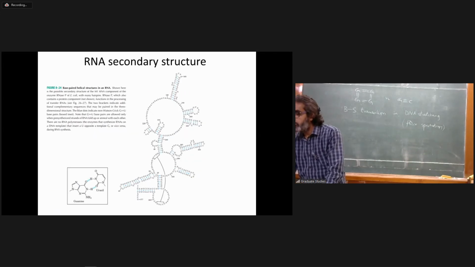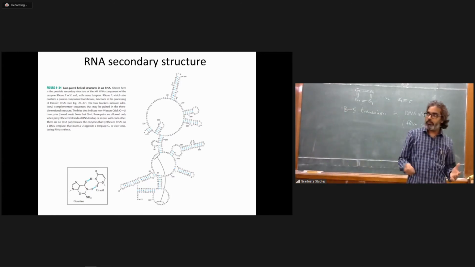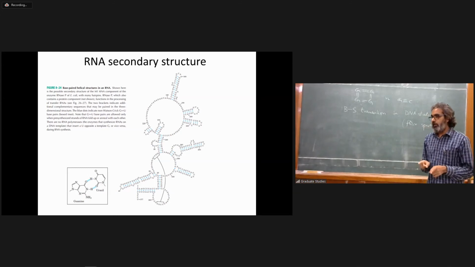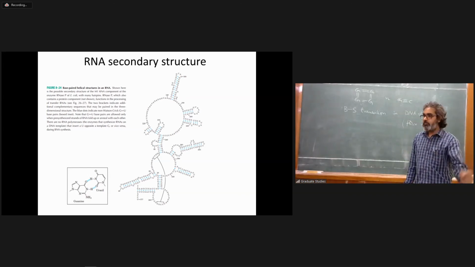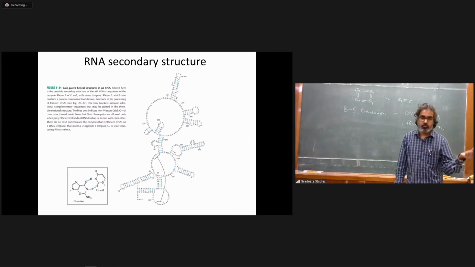So far we discussed a lot about DNA, because most of the things you can predict for DNA structure is because you always have a complementary strand and it's mostly B-DNA. Once the 1953 paper model was presented, we know right away for any double-stranded DNA, if they give you a sequence of one strand, you can predict the complementary sequence, and you can predict the structure because you know exactly G is paired to C and A is paired to T. Perfect, right?